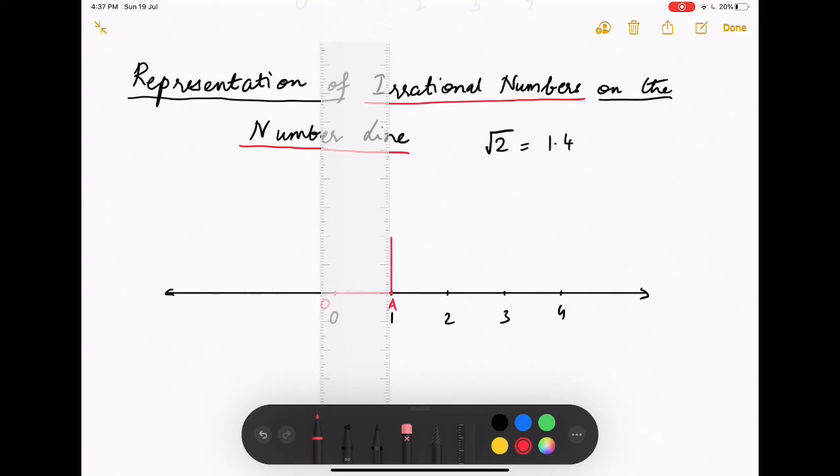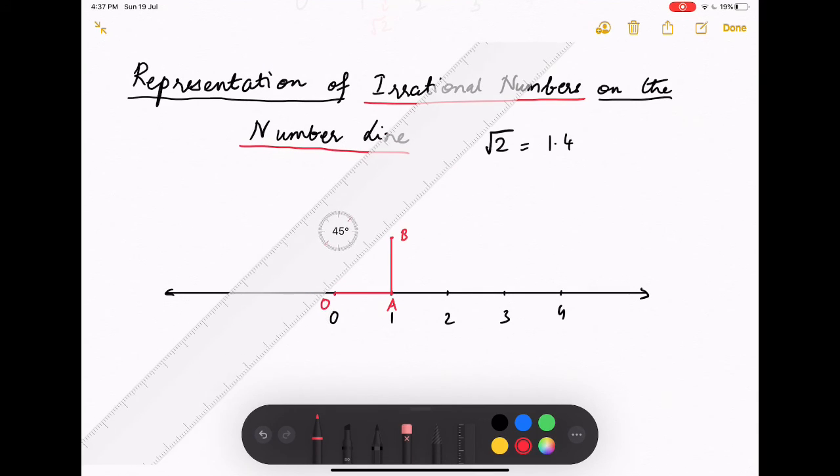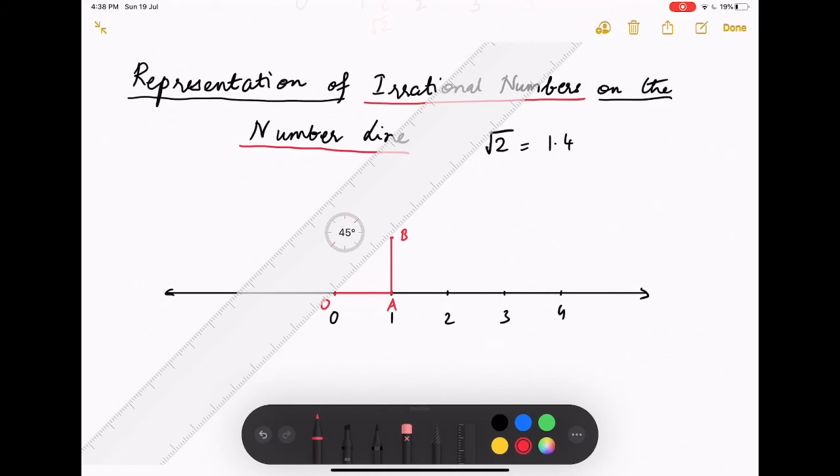So 2 centimeters equal to 1 unit, we assume that. So this point, let us say B. Then if I join OB, OB will represent a length of root 2.